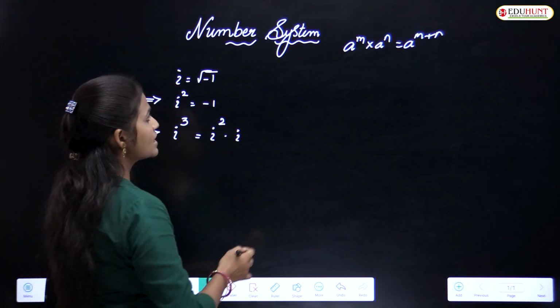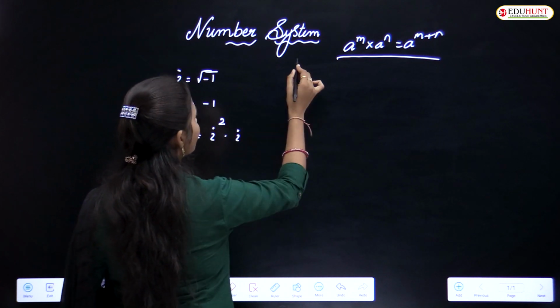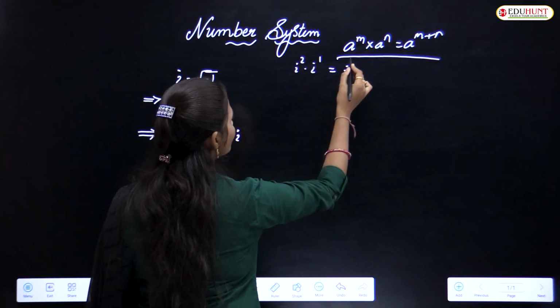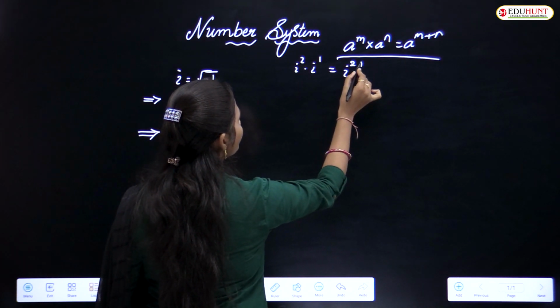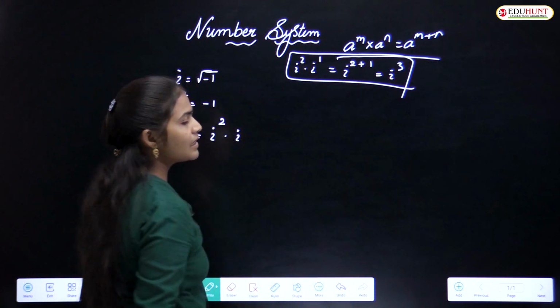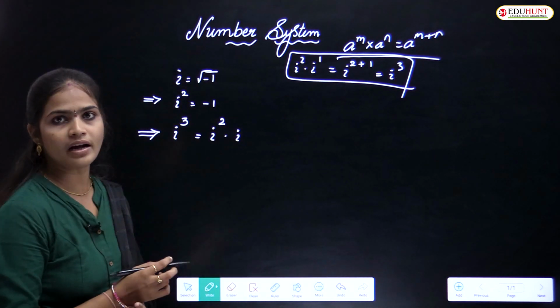So that is one of the main laws here. According to that, i square into i power 1, we can write i power 2 plus 1, which is equal to i cube. By using that law I have written here i square into i.